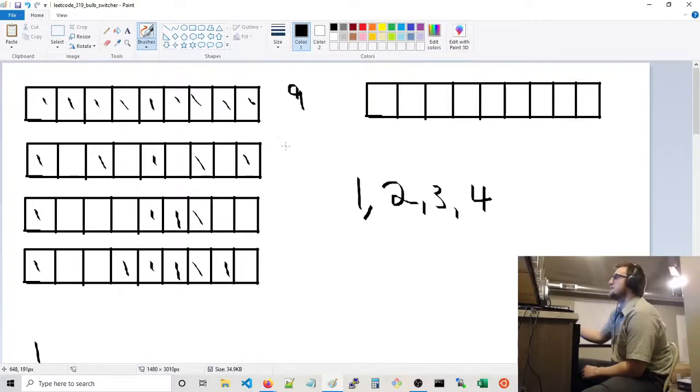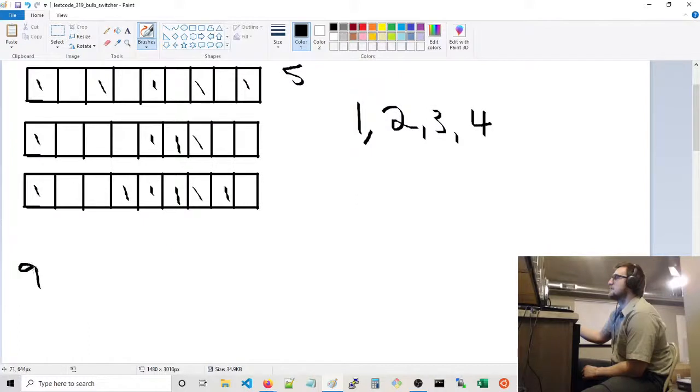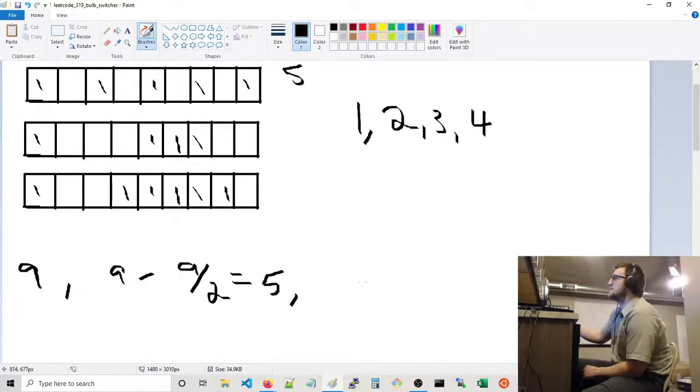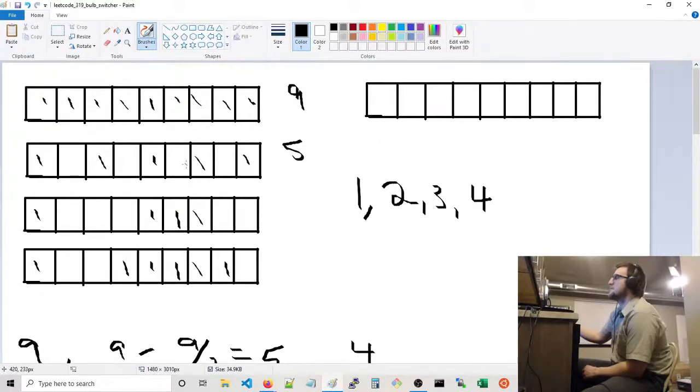It looks like half of them, 9 minus half of 9, 5. Then we had 1, 2, 3, so 1, 2, 3, 4. We had 4 left, which was like the 5 previously, and we said the positions matter, right?